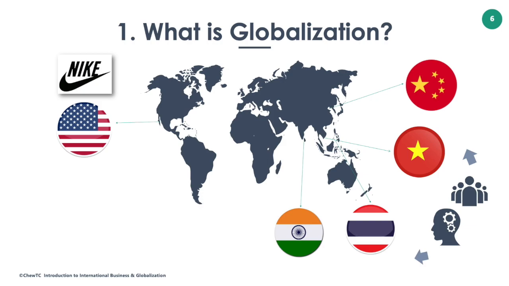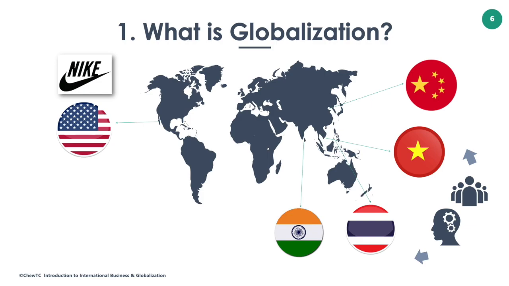And why these countries? What is the similarity of these countries? The answer is low cost of production in terms of labor, material, or capital. All this is cheaper and more easily accessible in these countries than in the US.